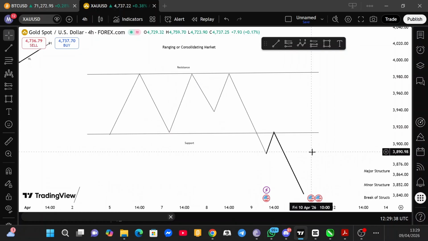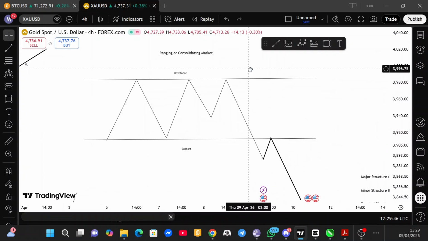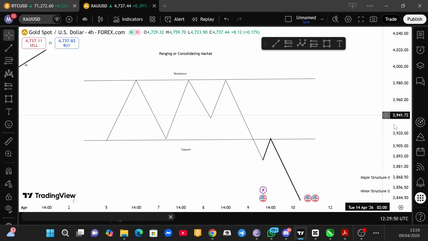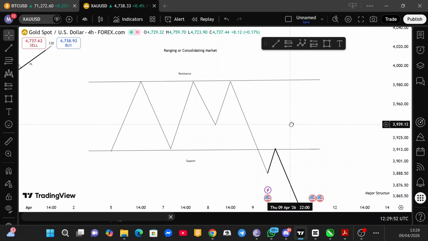So we have the breakout traders who, when they identify a ranging or consolidating market, are waiting for either a breakout to the downside or a breakout to the upside before they get a clear entry, whilst a lot of scalpers trade ranging markets.